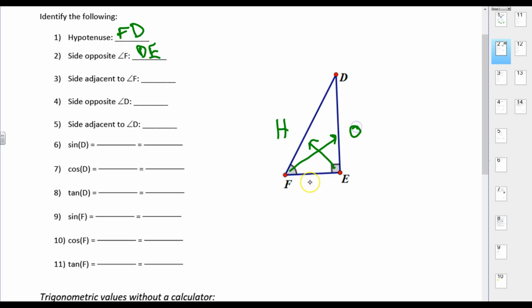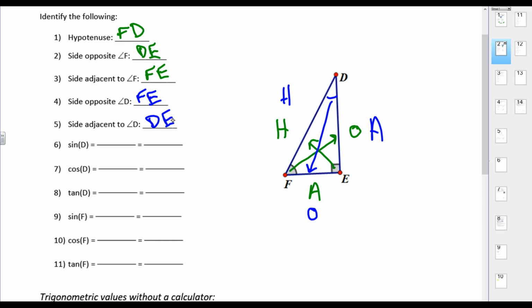This is my opposite, so the leftover must be my adjacent side, FE. Now let's look at angle D. The side opposite angle D is FE. The side adjacent to angle D is the thing that's not the hypotenuse, because the hypotenuse doesn't change, so that must be this guy here, DE.